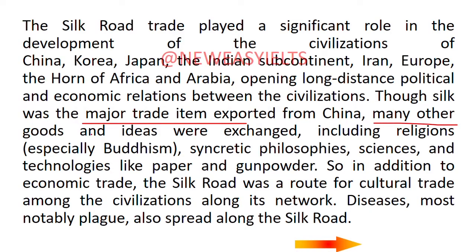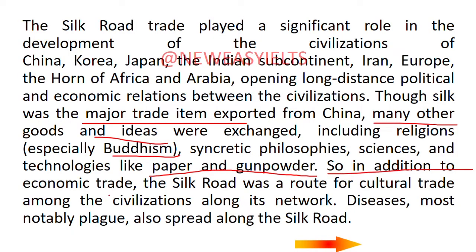Many other goods and ideas were exchanged, including religion, especially Buddhism, syncretic philosophies, sciences and technologies like paper and gunpowder. Okay, we got the keyword gunpowder, but we are not sure whether it was the second or third. So what we have to do is we have to read the whole para. Now next lines. So in addition to economic trade, the Silk Road was a route to cultural trade among the civilizations.